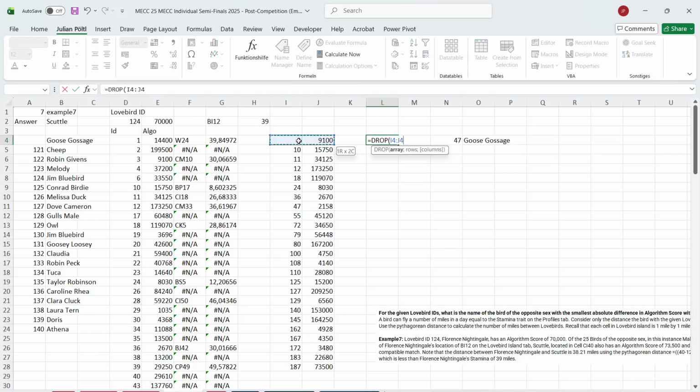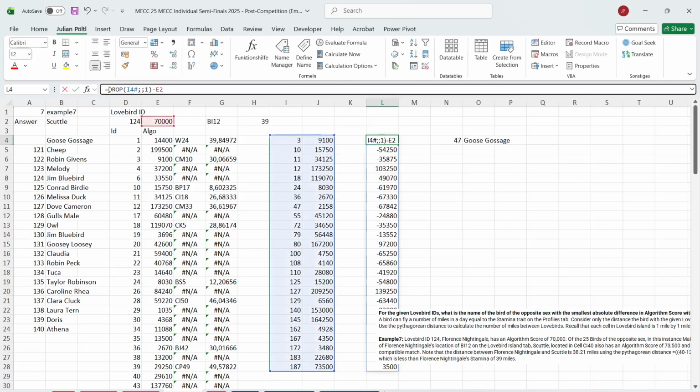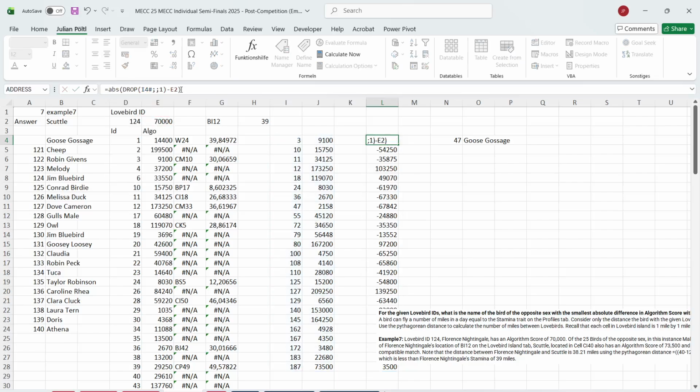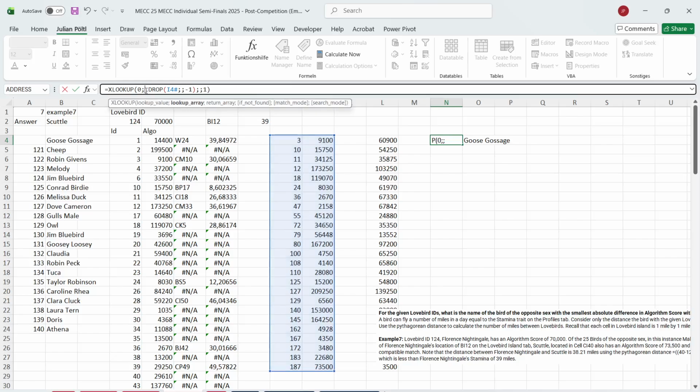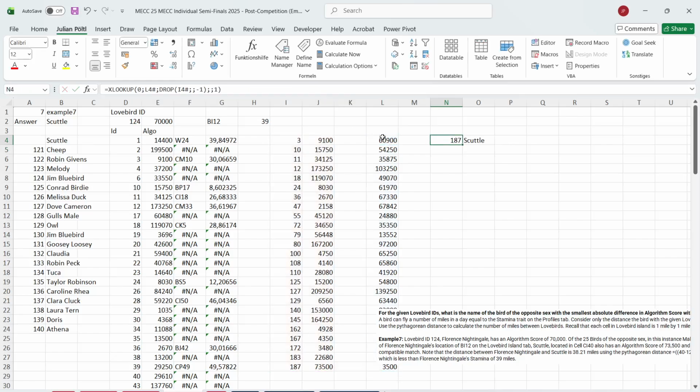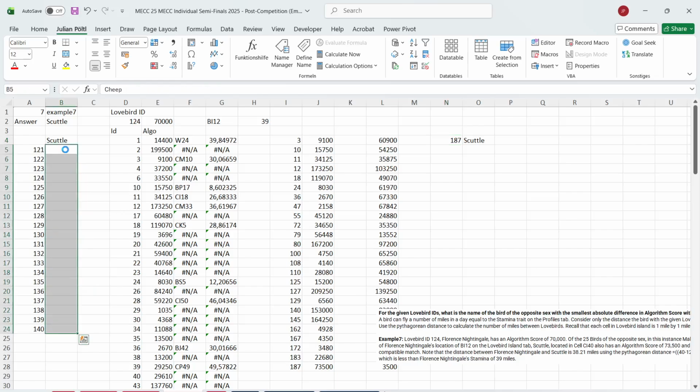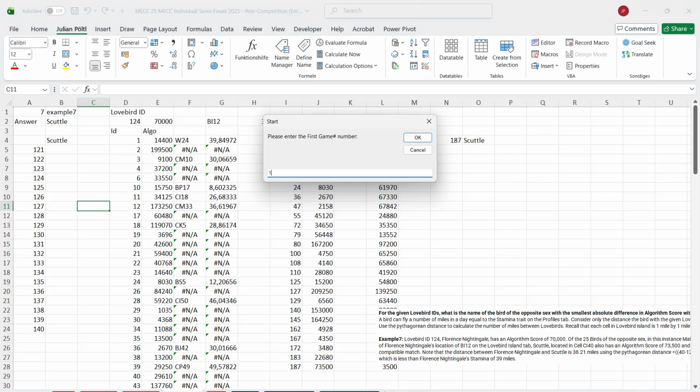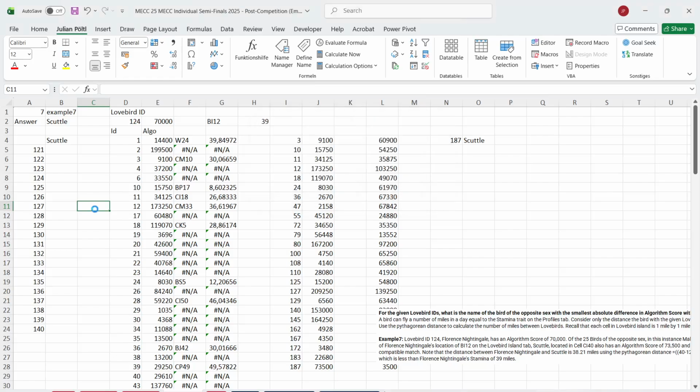Drop first column minus this, and then ABS on this, and then look up in the difference, and it's got 121, 140, B1, B4. It should be all dynamic as far as I can see. So that should not be an issue.